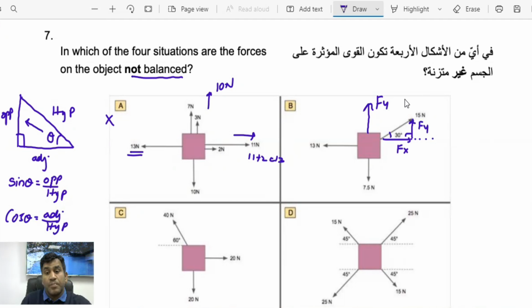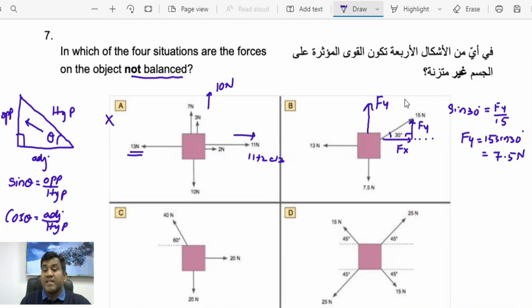Fy is the opposite and 15 Newton is the hypotenuse. So I can write sine of 30 degree equals Fy by 15. From this, Fy equals 15 sine 30, which gives us 7.5 Newton, because sine 30 is half.